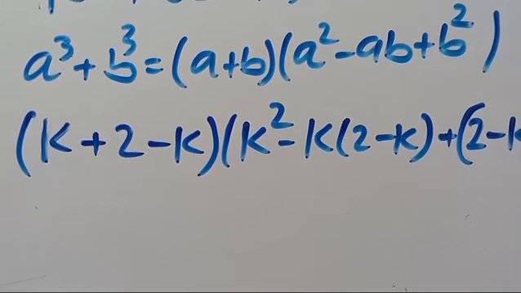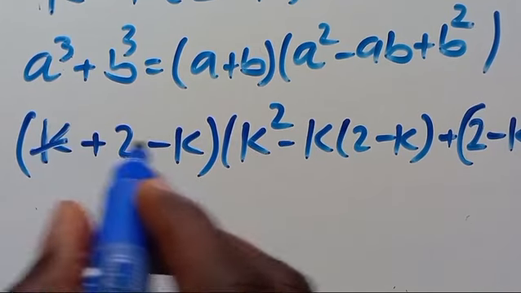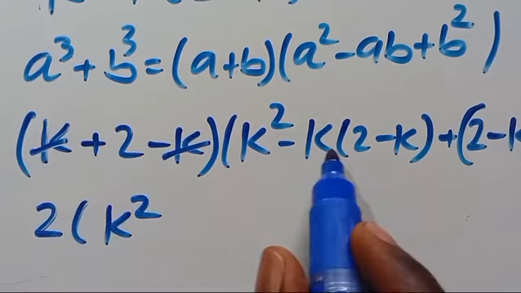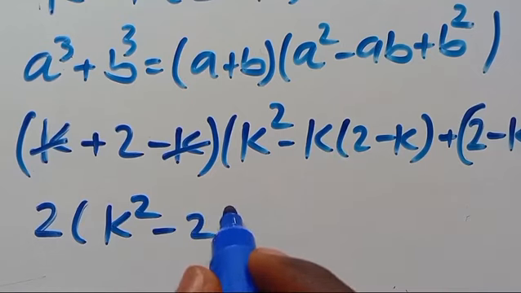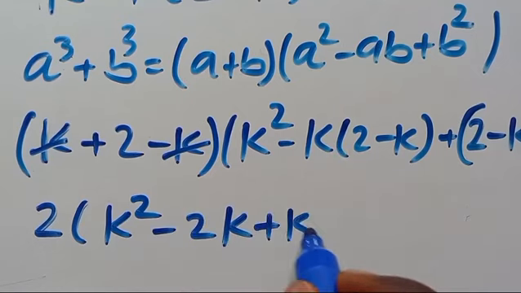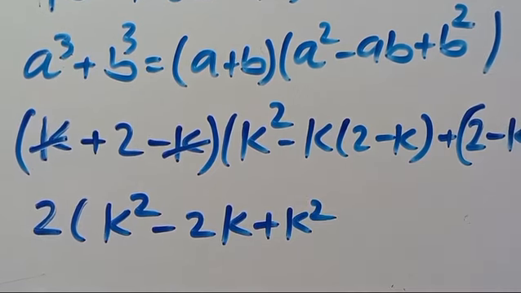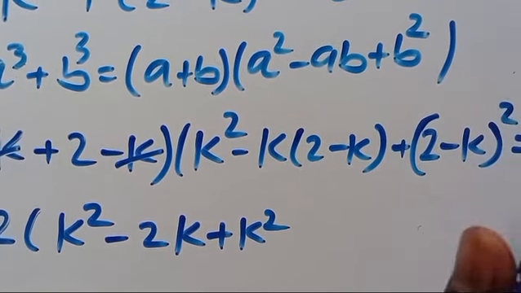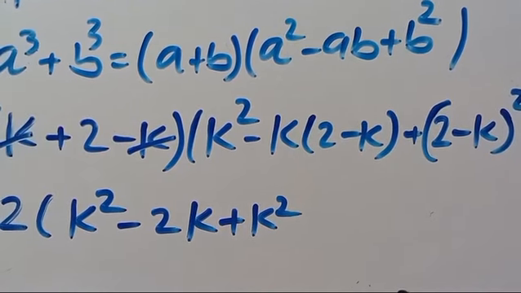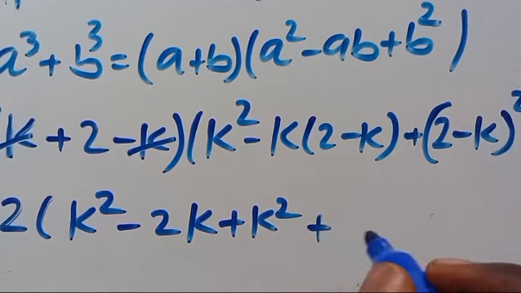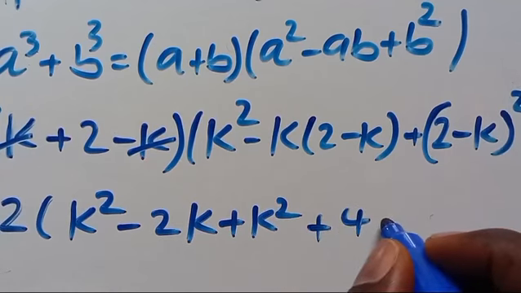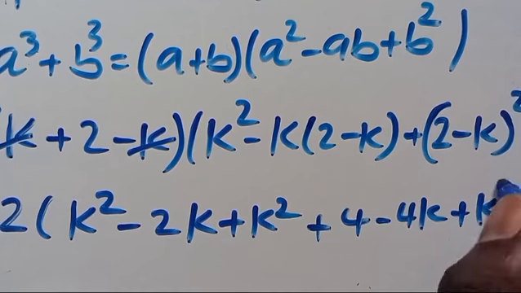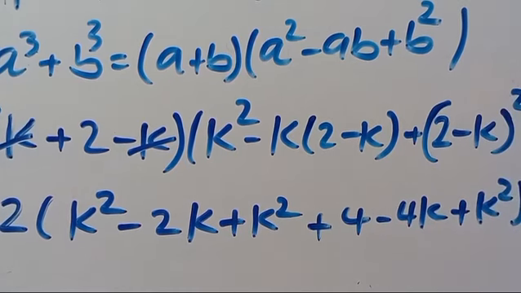So from here, we have this k, we cancel this, we have here to be 2, and here will be k square. When you open the bracket with this, here will be minus 2k plus k square. The expansion of this will be 4 minus 4k plus k square, still equals 0.